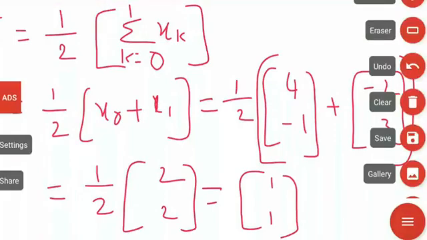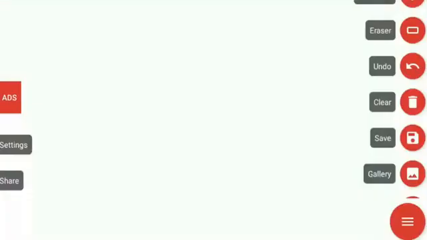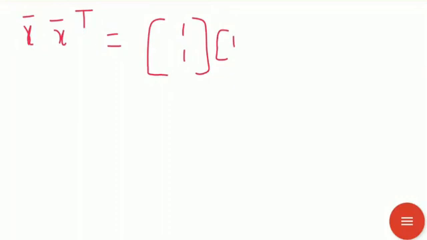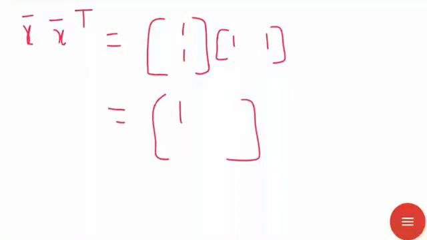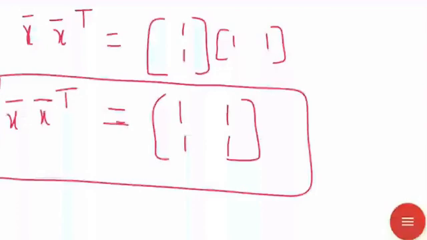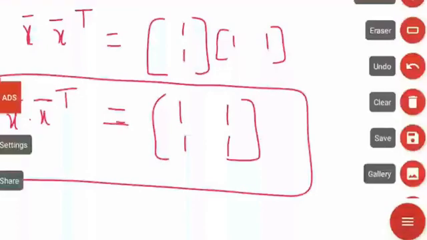So after getting x bar, do x bar transpose. Do the multiplication here, then you can get this. So this is the x bar x bar transpose.